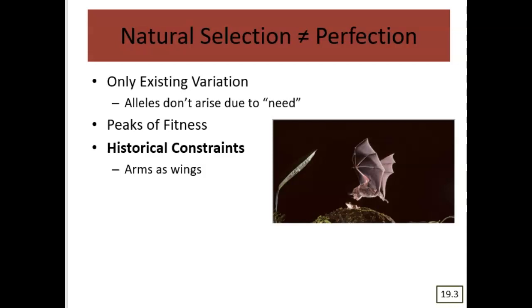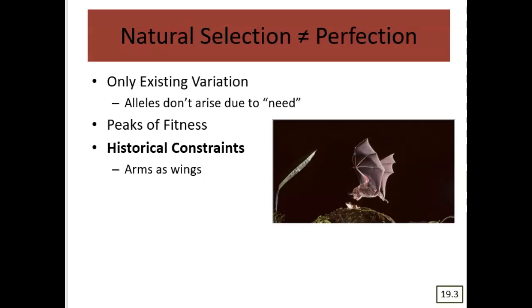Well, that means if that bat wants to do something else with its front limbs, it's kind of stuck a little bit because it has these very specialized front limbs now that do this one thing. And it'd be very difficult to use those front limbs for anything else. All right, that's a historical constraint, a constraint of evolutionary decisions that were made in the past.